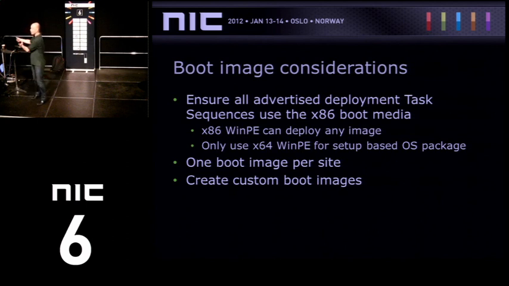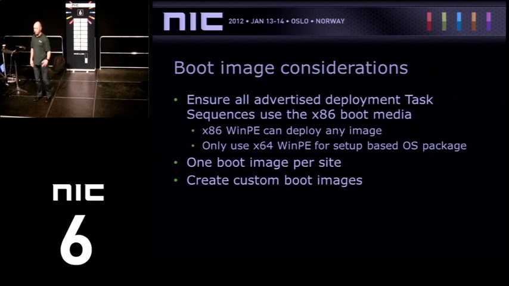Because a modern machine, when you start it, it will advertise itself as a 64-bit capable architecture, even if you deploy a 32-bit OS to it. So that's why we need to have the 64-bit boot image in there, because ConfigMgr in its infinite wisdom is getting those netboot files from the boot image. If you peek into the log file, you will actually see it says expanding WIM, and it will copy those 6 files into the 64-bit folder needed to do the PXE boot.